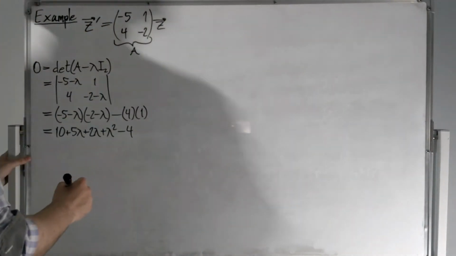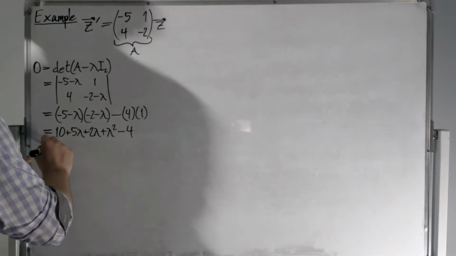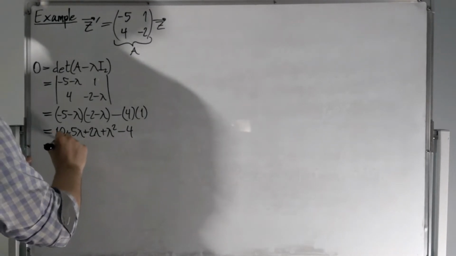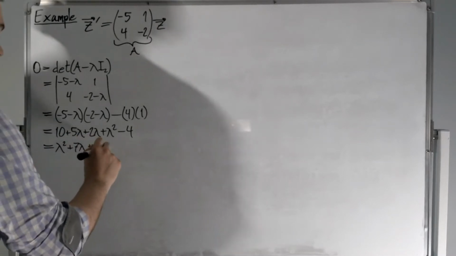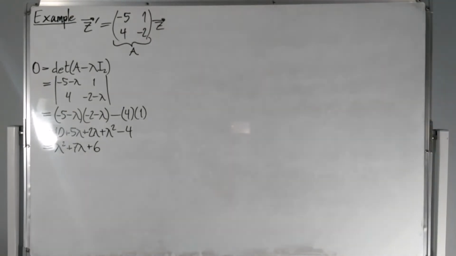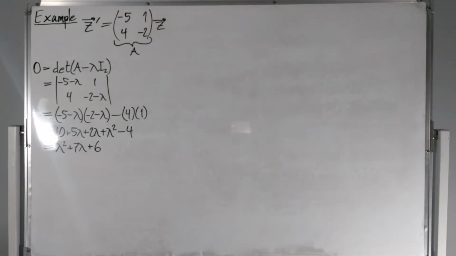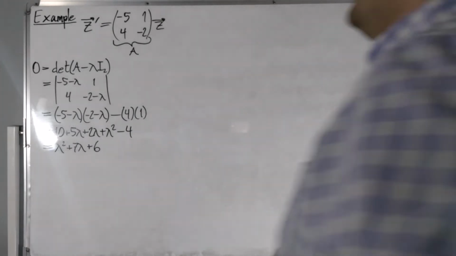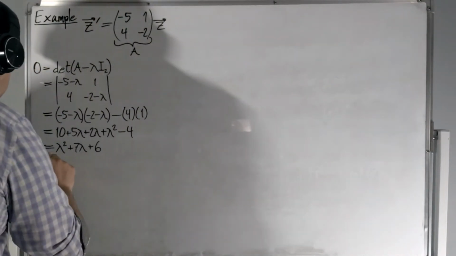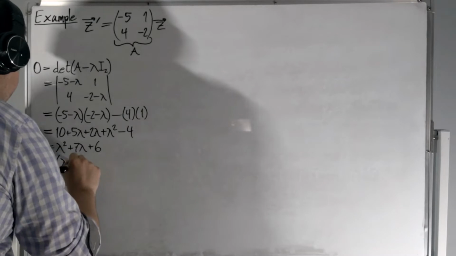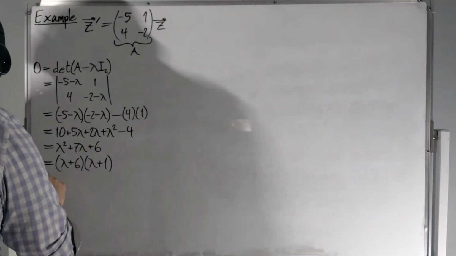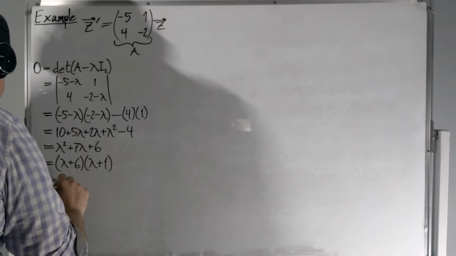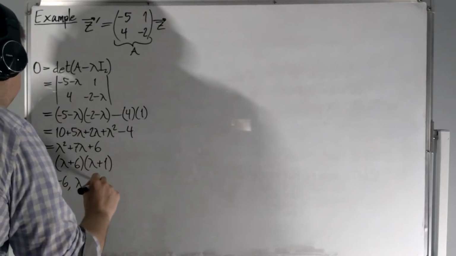So clean this up a little bit, and this looks like lambda squared plus 7 lambda plus 6. And then that characteristic polynomial can be factored. We can write this as lambda plus 6 times lambda plus 1, to get the eigenvalues: lambda 1, which is -6, and lambda 2, which is -1.